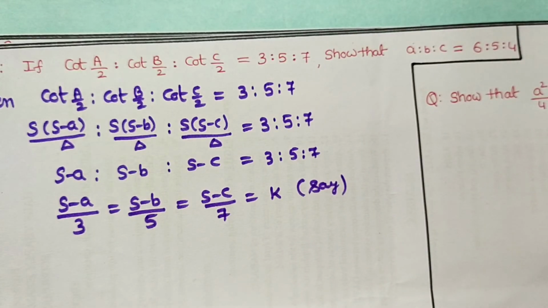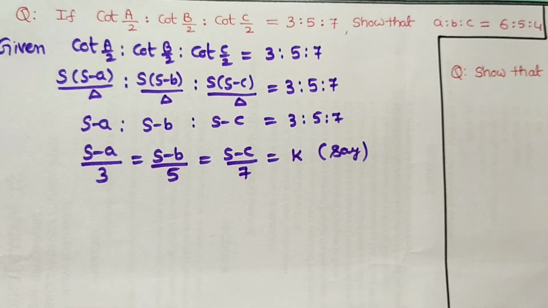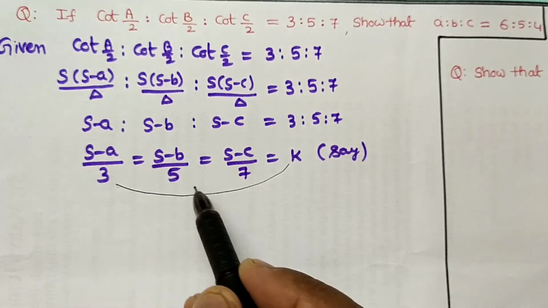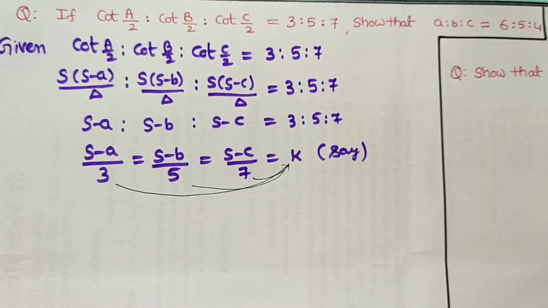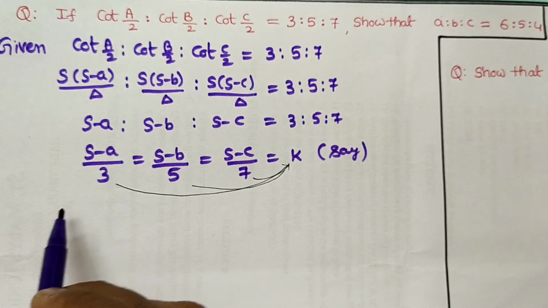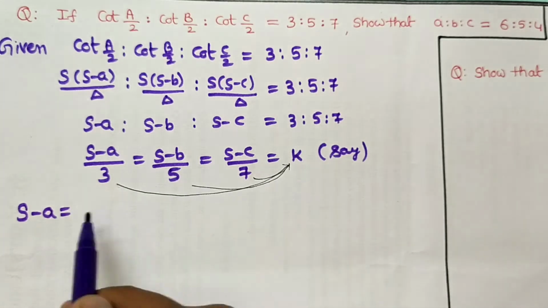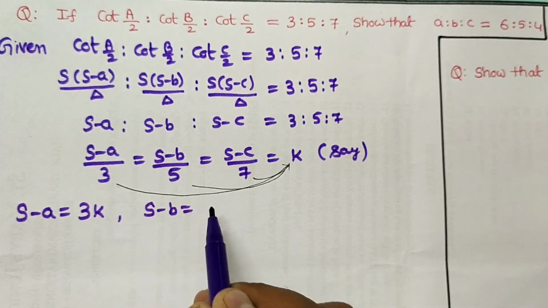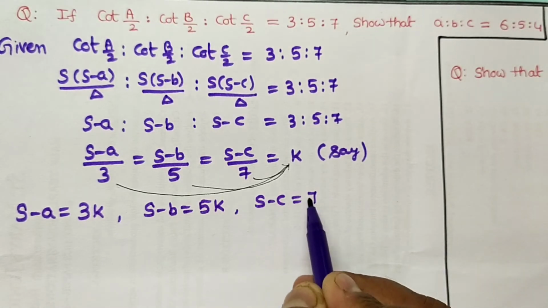So by equating these two, we will get the values of S minus a, S minus b. S minus a equal to 3k. S minus b equal to 5k. S minus c equal to 7k.